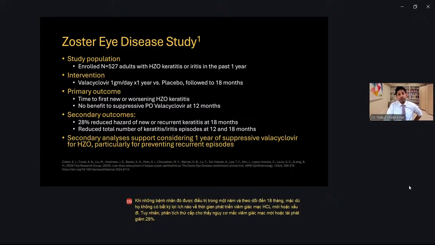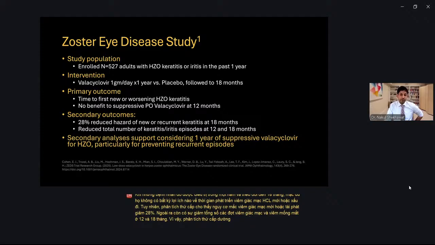There was also a reduced total number of keratitis and iritis episodes at 12 and 18 months. So secondary analyses do seem to support considering 1 year of suppressive valacyclovir for HZO, particularly for preventing recurrent episodes.